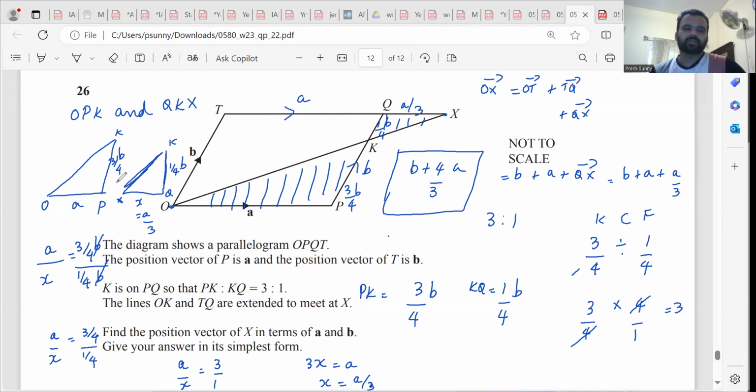A by X is equal to 3 by 4 B divided by 1 by 4 B. Simplify that and you get 3. X we got as A by 3. So you add everything: B plus A plus A by 3, you will get B plus 4 by 3 A.